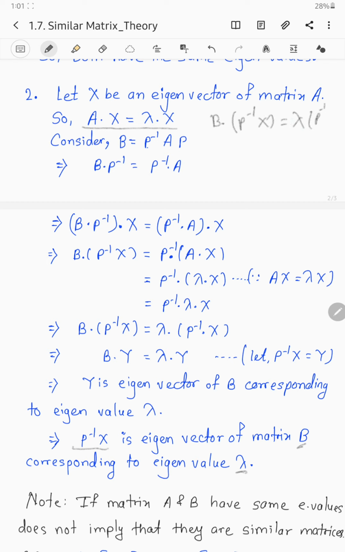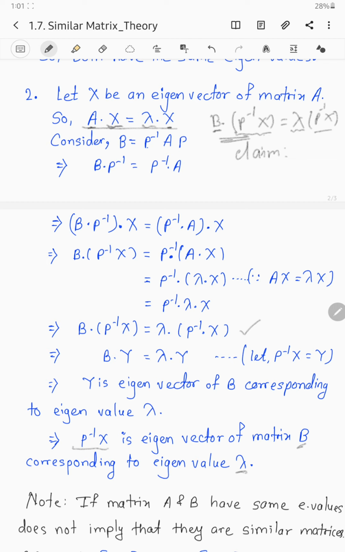Here, this is a matrix, and x is an eigenvector of A, and this is an eigenvector of B. This is the eigenvalue of A, this is the eigenvalue of B; here the eigenvector is x, and similarly here it is P inverse x. This is my claim, and I have to show this.